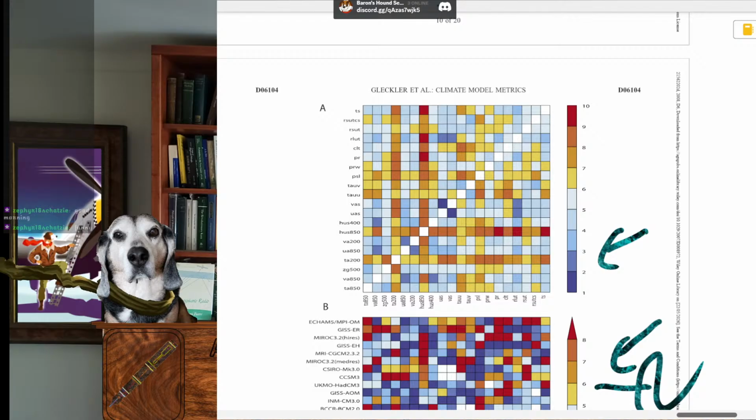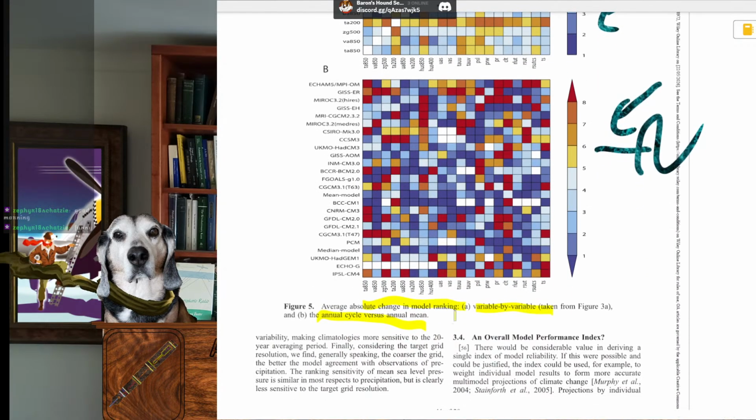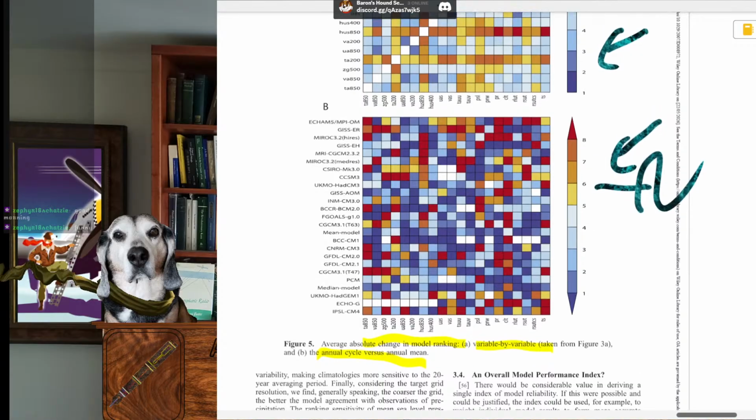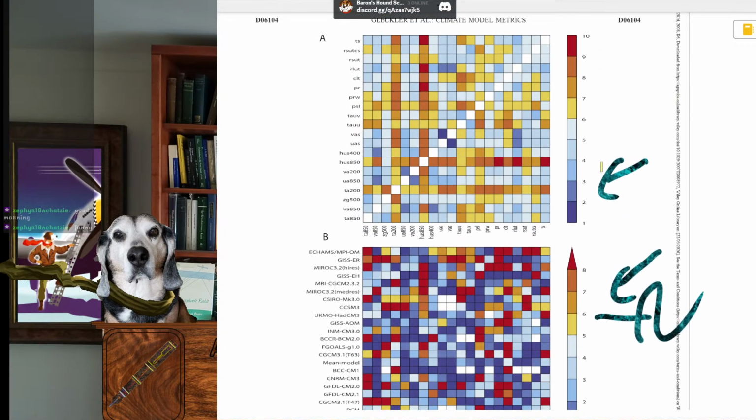So again, looking at the average absolute cycle ranking, A, variable by variable, and B, the annual cycle versus the mean. You can see that the relative rankings can move quite a bit, right? Depending on if you're deseasonalizing or not. And so that's an important thing.